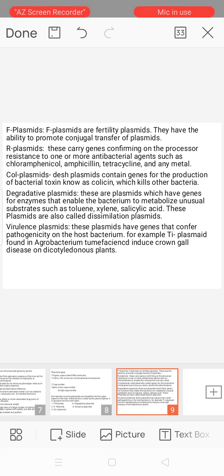And next one, R plasmids. These carry genes conferring on the possessor resistance to one or more antibacterial agents such as chloramphenicol, ampicillin, tetracycline, and any metal, and are transfer resistance. The plasmid RP4 found in Pseudomonas is an example of an R plasmid.